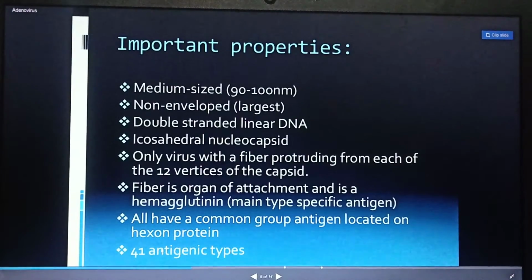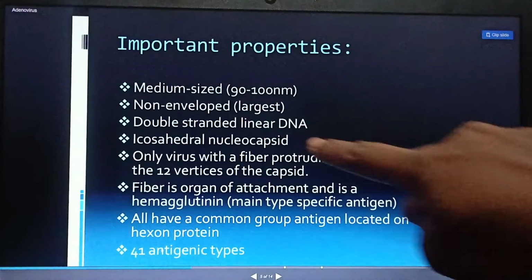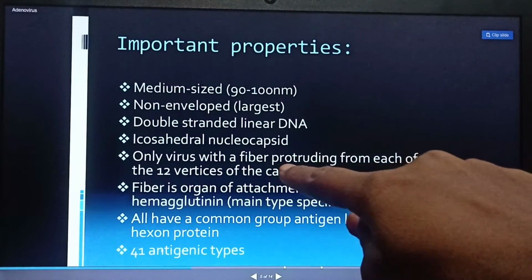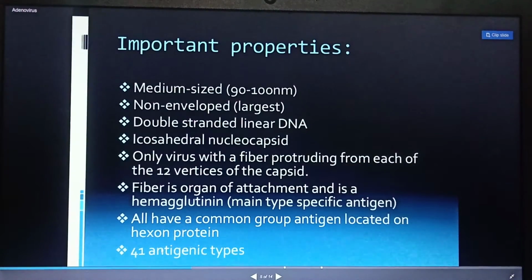Okay, and the fiber is an organ of attachment, as we already discussed. It is attached to the virus like sun rays, and it is a common group antigen, and it has a hexon protein.